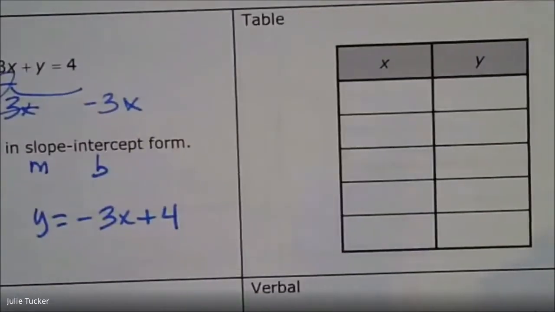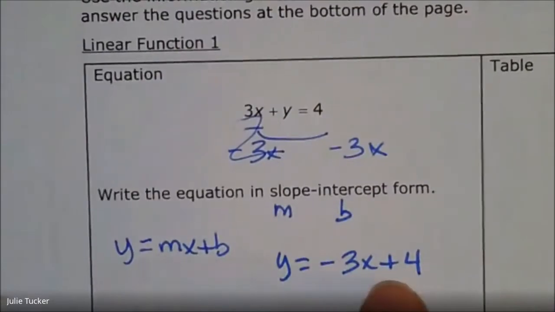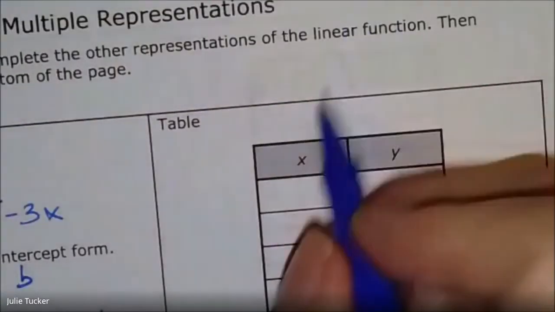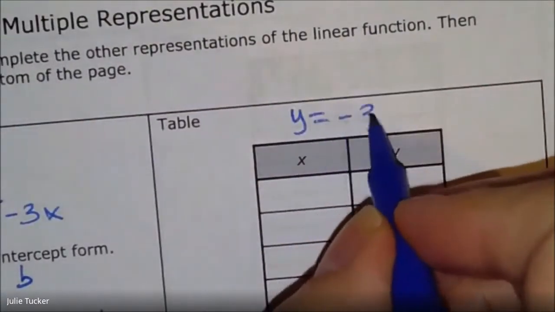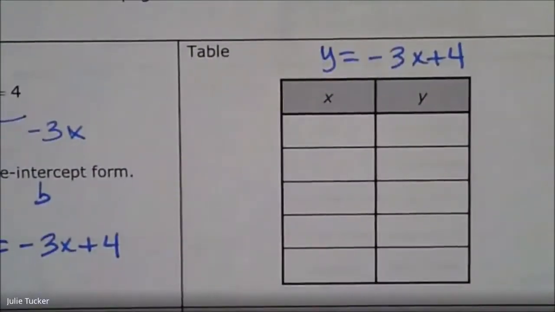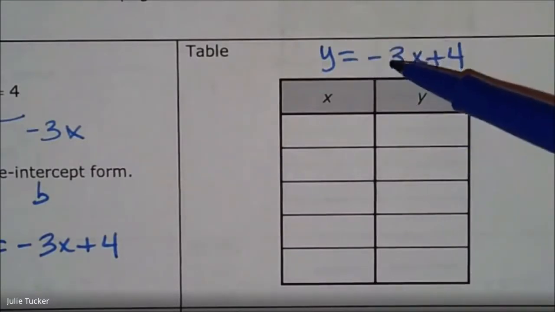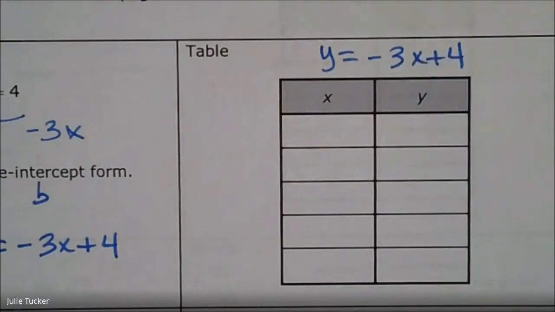Now, over here, this is set up to do a table. So we can take our equation that says y equals negative 3x plus 4 and write it right here. And then we can choose values that we want x to be, and we can substitute them in and plug it in and find out how much y equals.